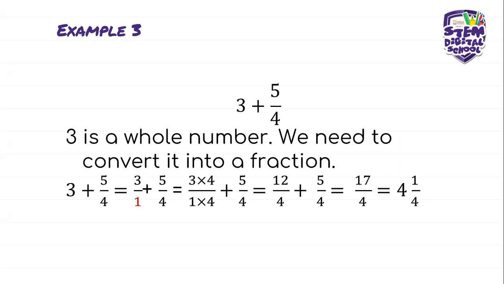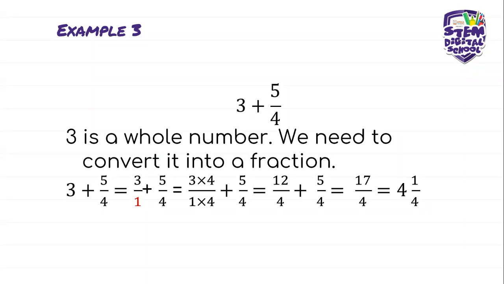So at this point, you have a fraction now, 12 over 4 plus 5 over 4. And now you can add only the numerators, which is 12 plus 5. 12 plus 5 is 17. And then, of course, this is over 4.